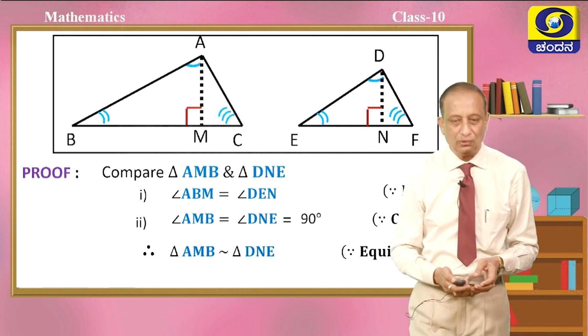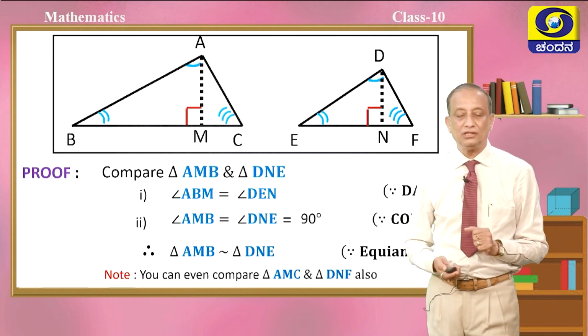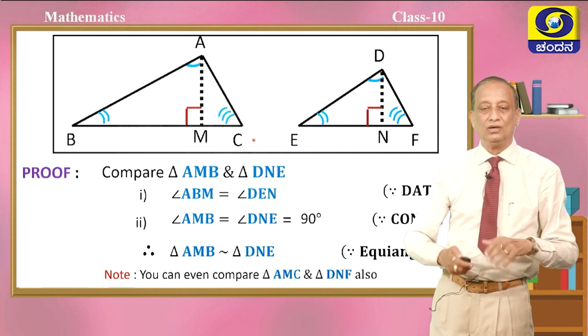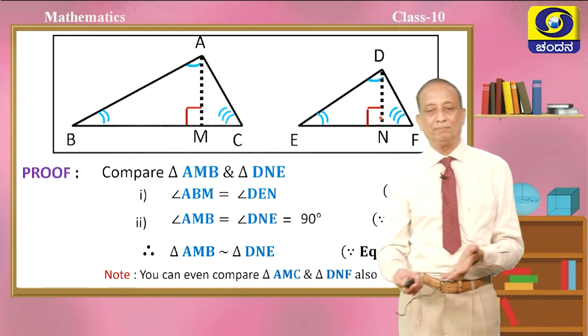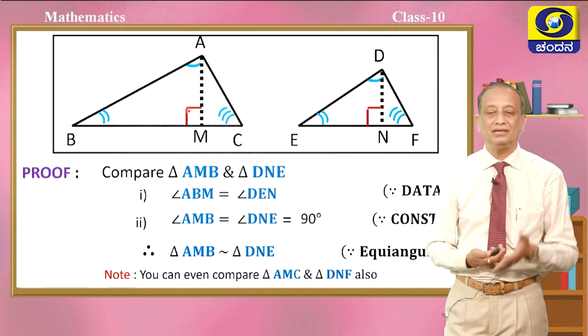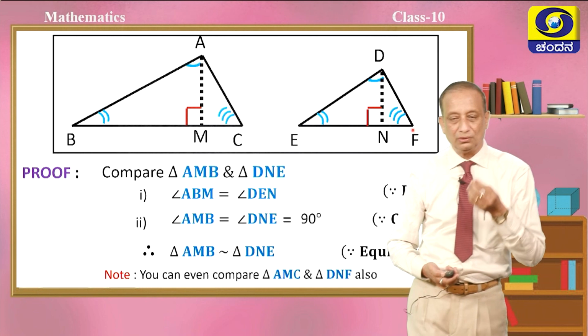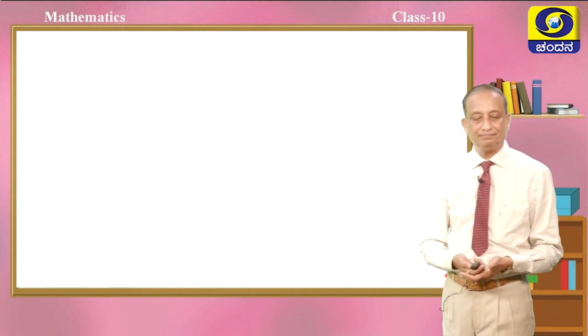But children, note here, you would have taken right angle triangle AMC also and compared with right angle triangle DNF also. So, while writing the proof at home next time, you compare right angle triangle AMC and right angle triangle DNF also. This is one more opportunity for you to practice.